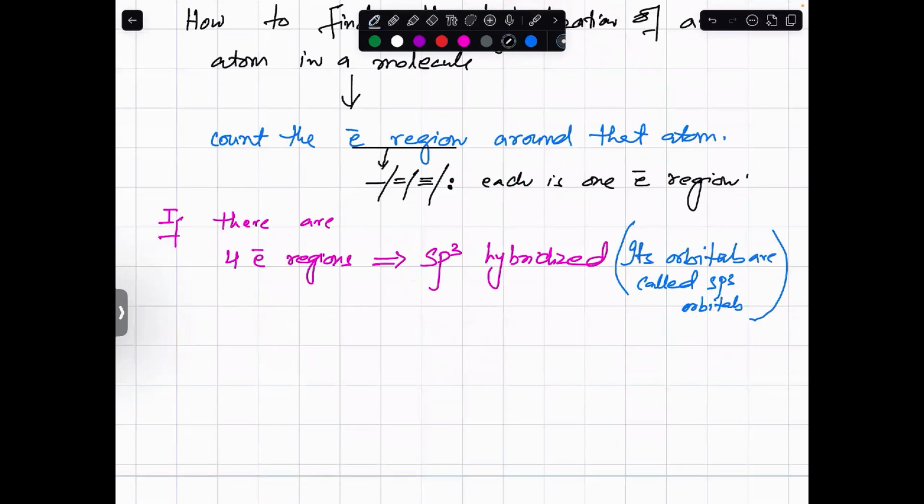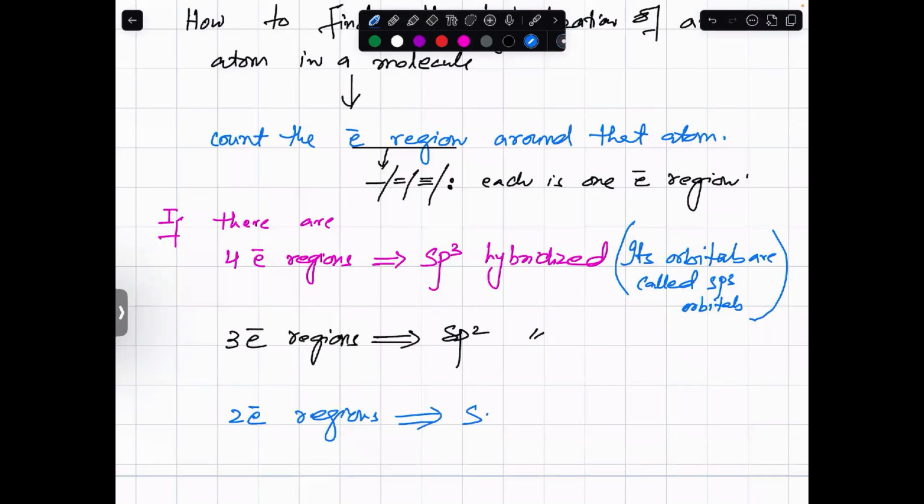If there are 3 electron regions, sp2 hybridized. If there are 2 electron regions, sp. Now we are going to apply it.